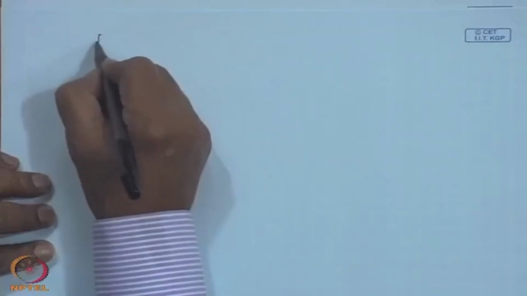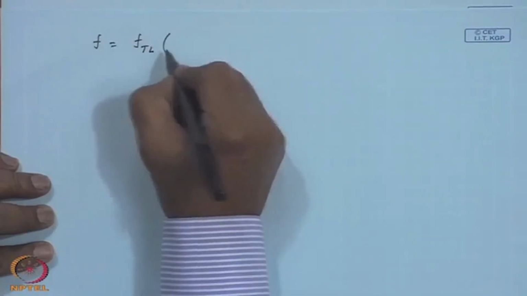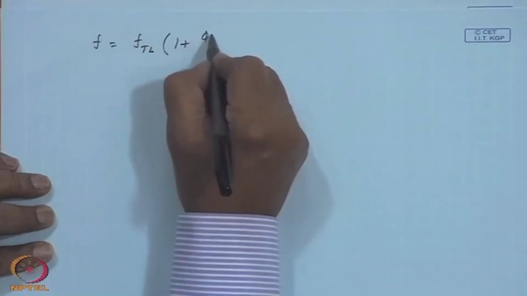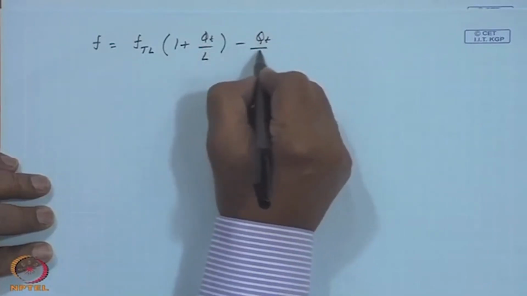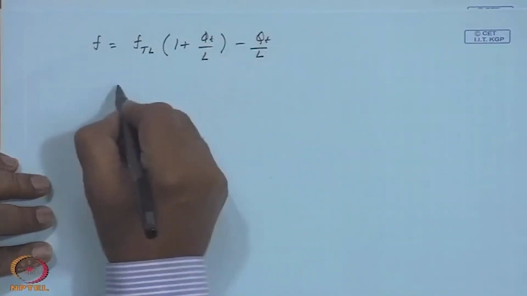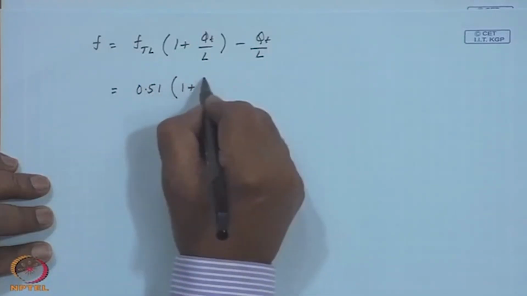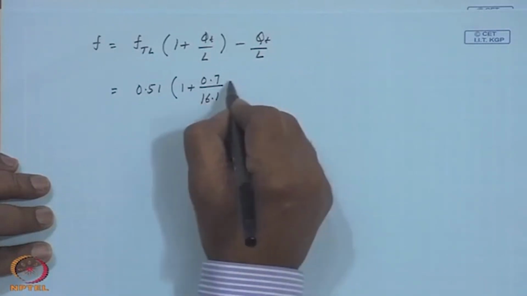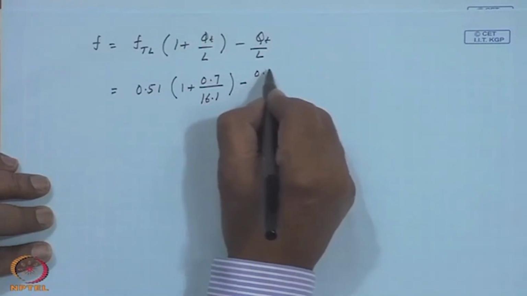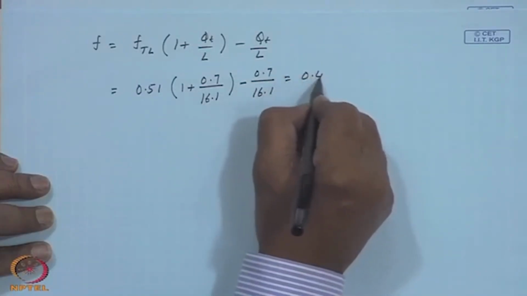So, that is the FTL we got, and F, the solar load fraction, will be FTL times 1 plus QT by L minus QT by L, that formula we have got, which will be equal to 0.51 into 1 plus 0.7 by 16.1 minus 0.7 by 16.1, which will be equal to 0.49.